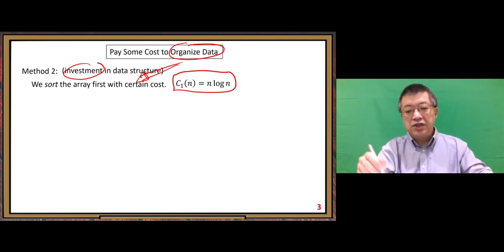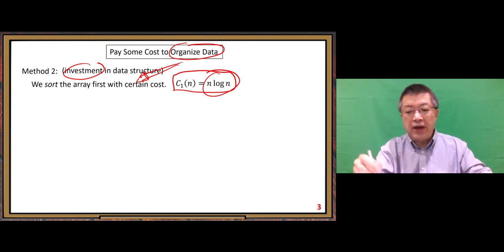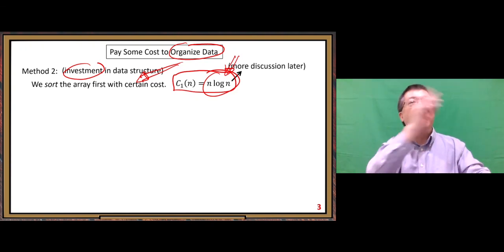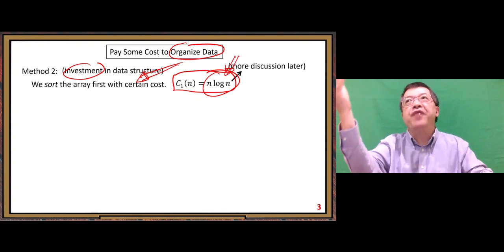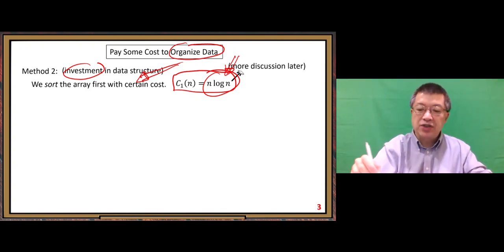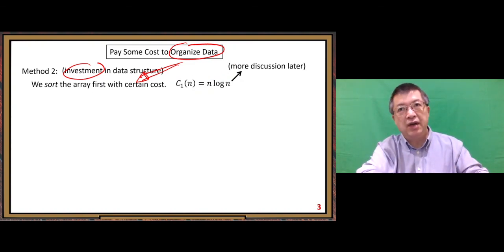There is a sorting algorithm that can do n log n for the worst case. Let us just assume we use that algorithm. So we pay this cost as our investment to organize our data.